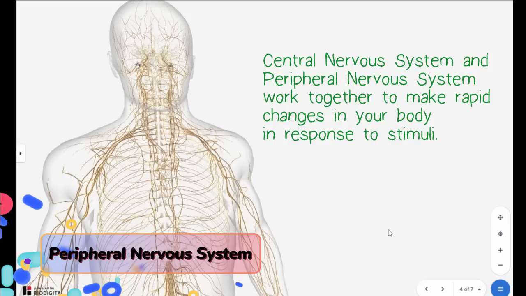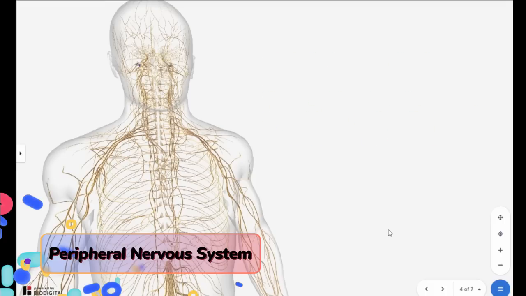Mamaya malalaman natin kung paano yung process ng paggalaw or pag-action ni nervous system. Let's first focus on the different parts. So, let's go first to the different parts of the peripheral nervous system or subdivisions.